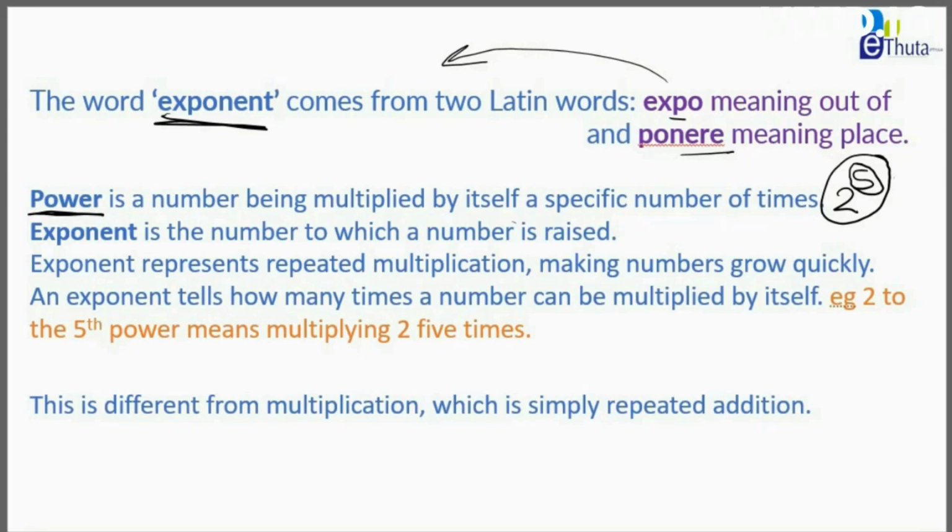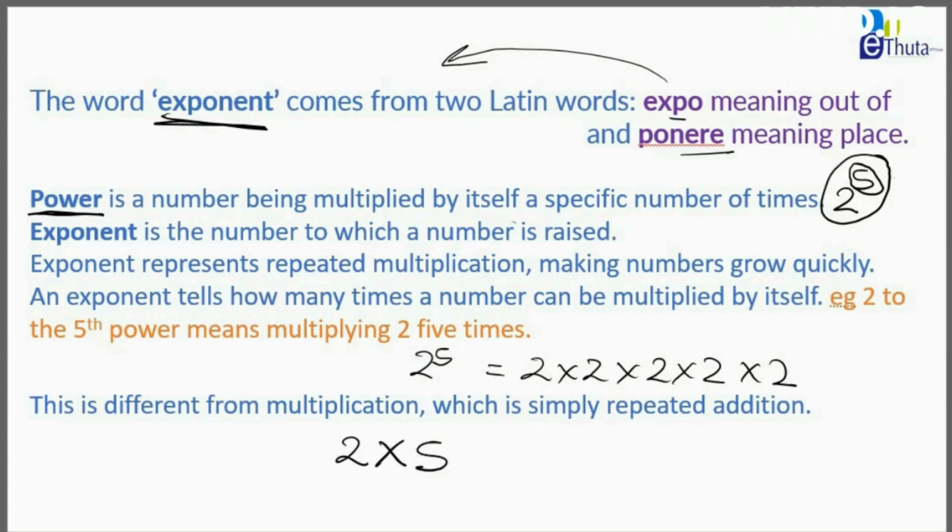For example, if we say 2 to the power 5, it means 2 times 2 times 2 times 2 times 2. Whereas in multiplication, 2 times 5 will be just 2 added five times.